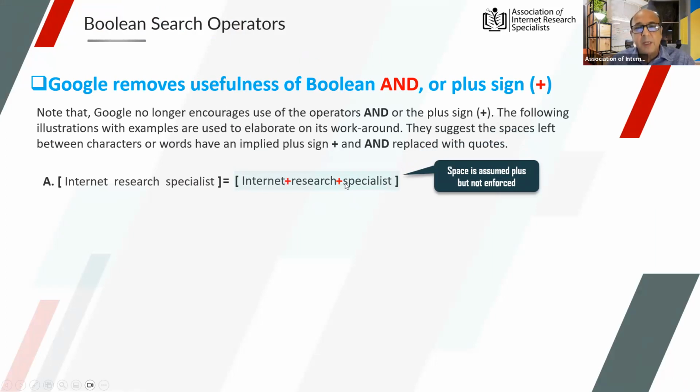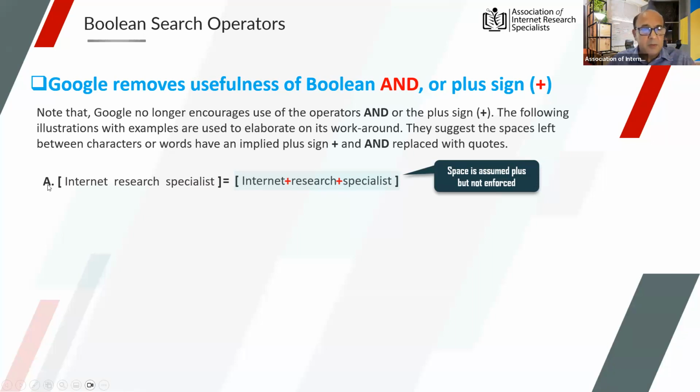But here the plus sign is assumed to have a first go at finding these three together in the same sequence. But the plus sign is not forced. Okay, it is assumed, but it is not forced. And it is assumed to be present where you have a gap between words. So basically three search keywords, each assumed to have a plus sign here.